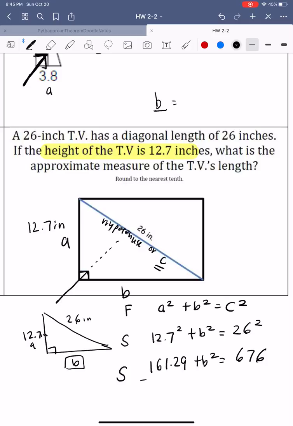And then subtract 161.29. And then we'll be left with B squared equals that number. And then make sure to take the square root.